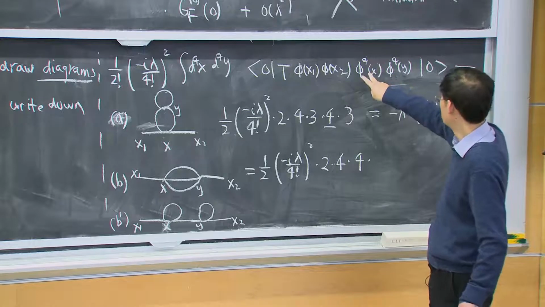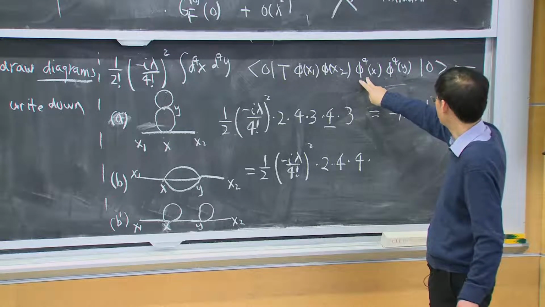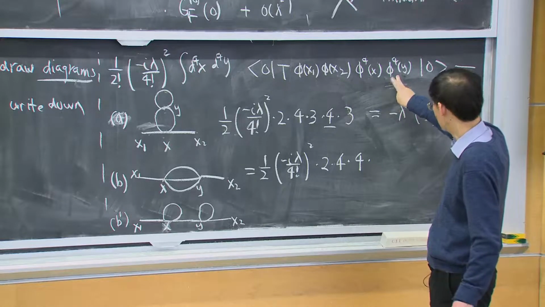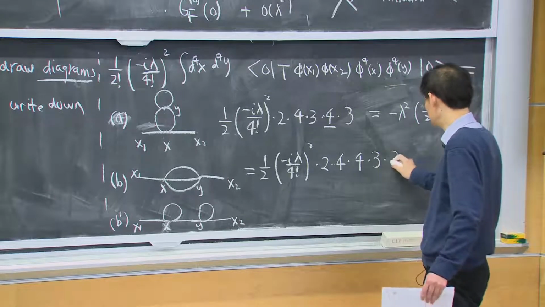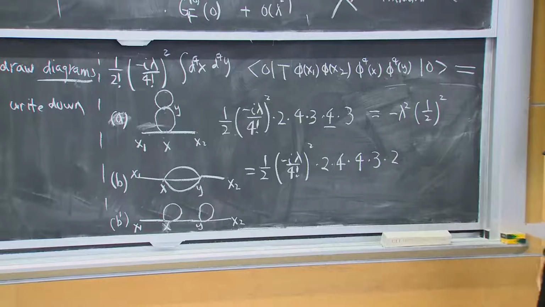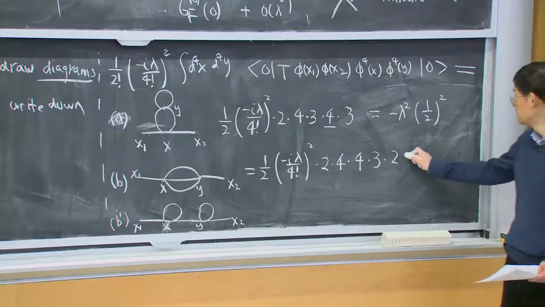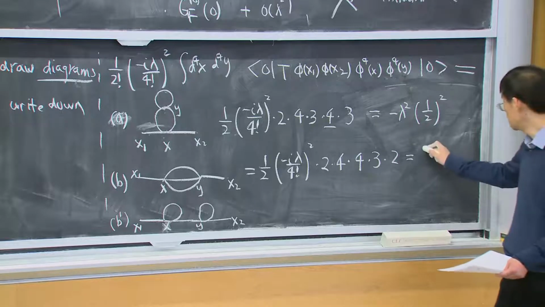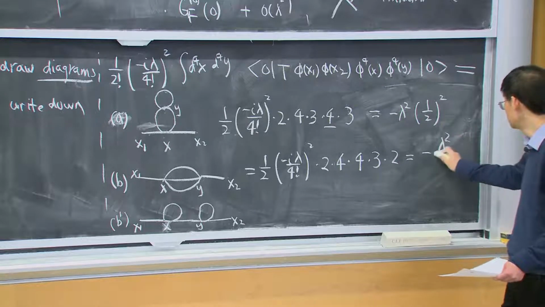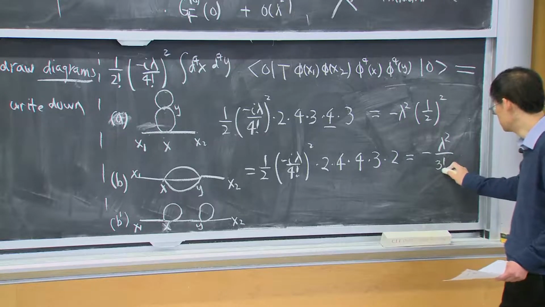Take one of the phi, and it has 3 possibilities to connect to y, and then the other one has 2. That's it, that's all the possibilities. If you work it out, this gives you lambda squared divided by 3 factorial.